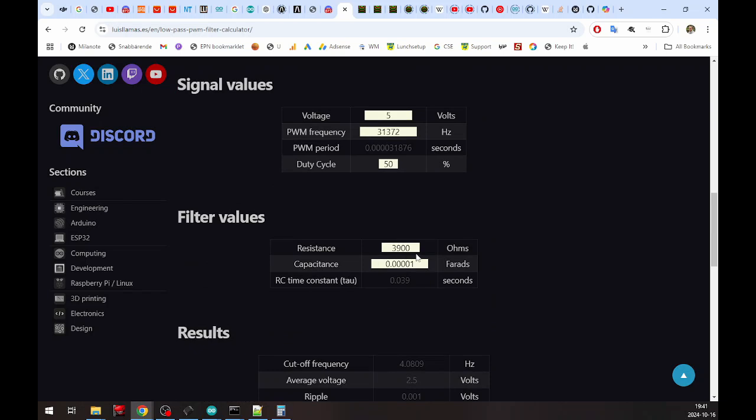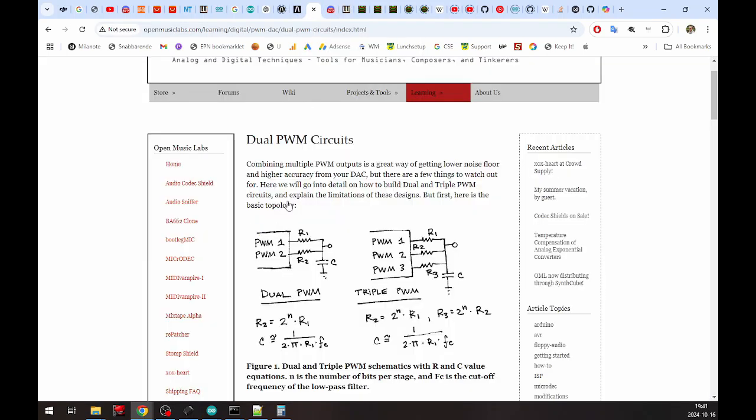Now here comes the thing that got me sidewinded in this project. This was for one of the resistors, but we have two resistors, and if we look at the Open Music Lab website, we see that both resistors just go out to the output and one capacitor to ground.